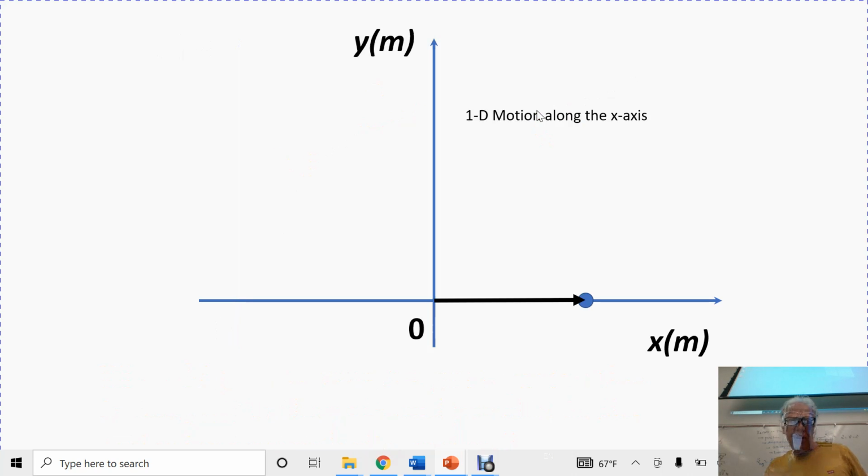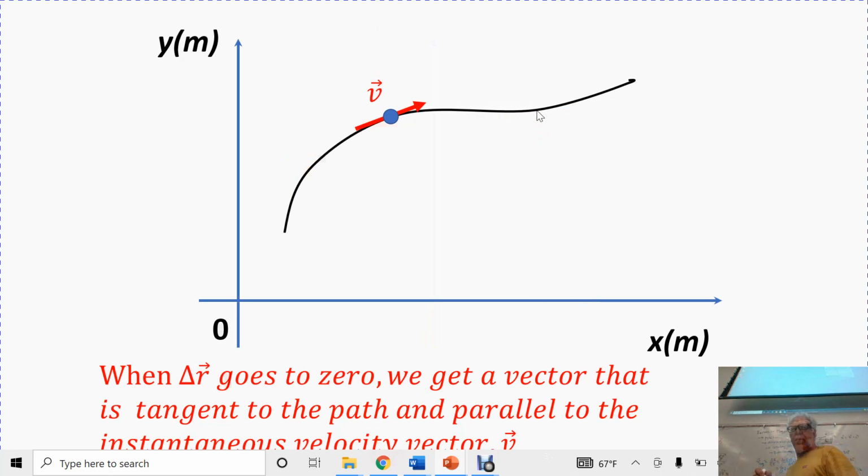So let's see if I have it here. Yeah, I don't have it here. And let's see, the angle. So the angle that this vector makes is going to be delta y over delta x.